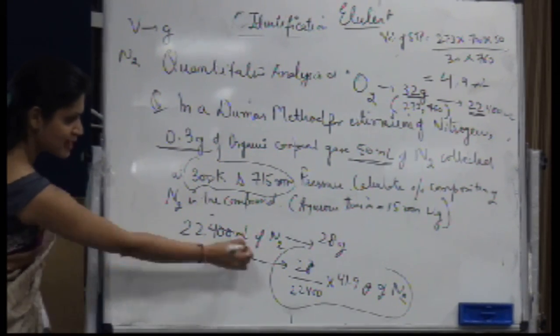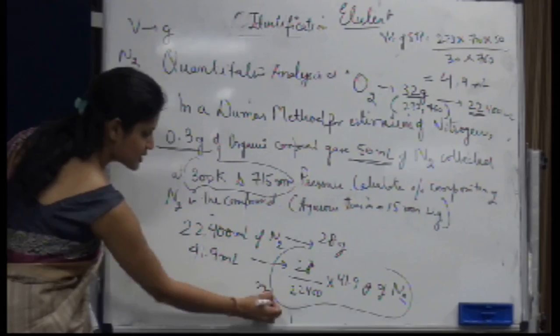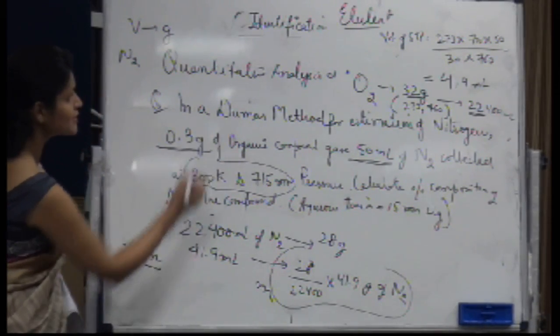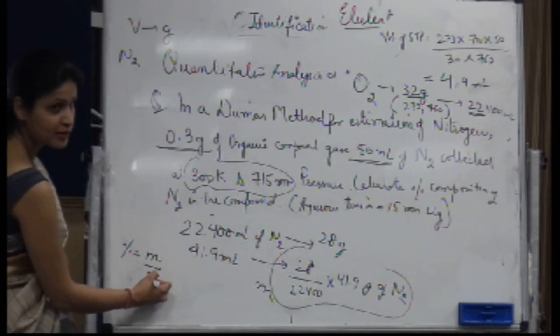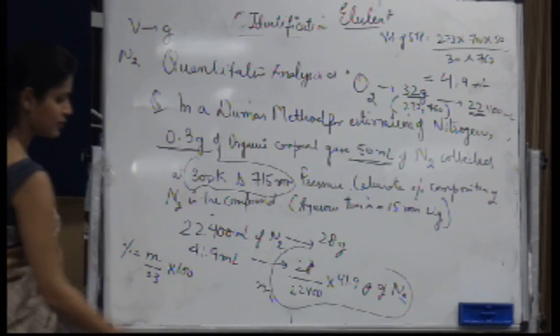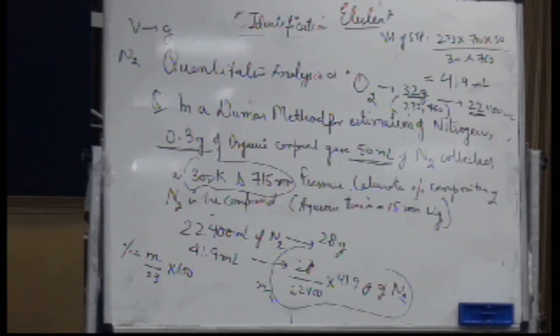You will take this mass as such. Suppose this is m over total mass is 0.3 into 100. 17.4 percentage. Done?